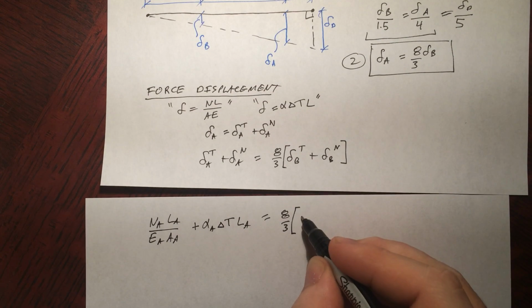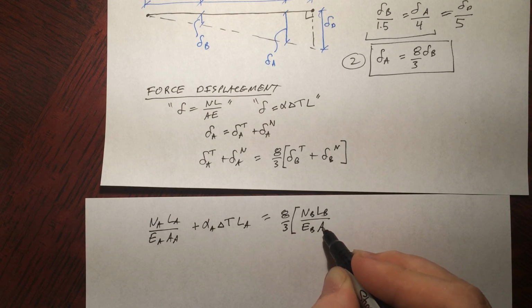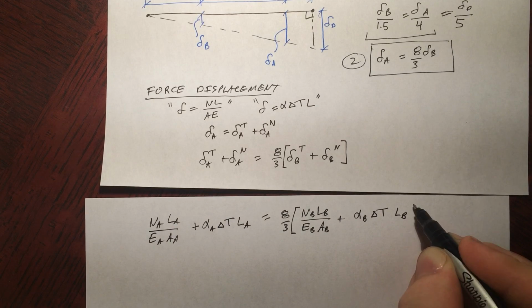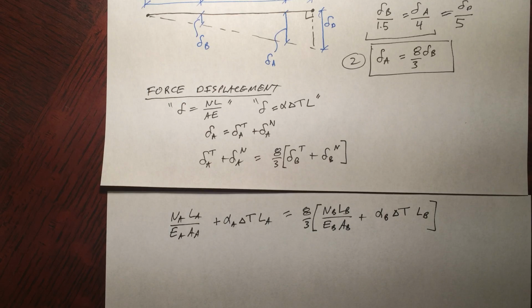Now we have the normal part of this one, that's N_B L_B over E_B A_B plus alpha_B delta T length of B. So this is the full and expanded form of our force displacement relationship.